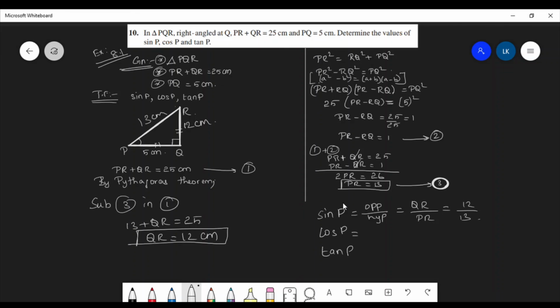And cos P is adjacent side by hypotenuse. Adjacent side value is 5 by 13. And tan P is opposite by adjacent side. Opposite side is 12 and adjacent side is 5. 12 by 5. Hence the result.